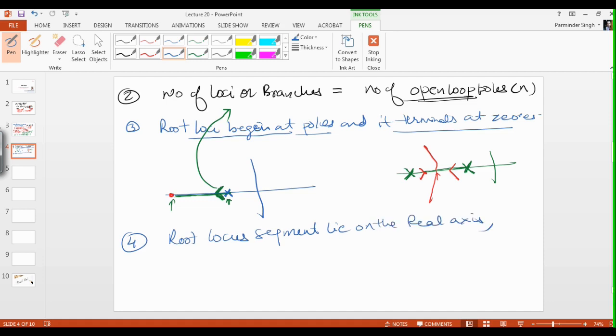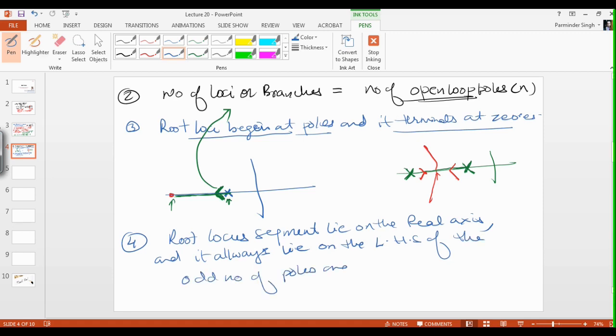First of all, it will always lie on the real axis, and it always lies on the left hand side of an odd number of poles and zeros.